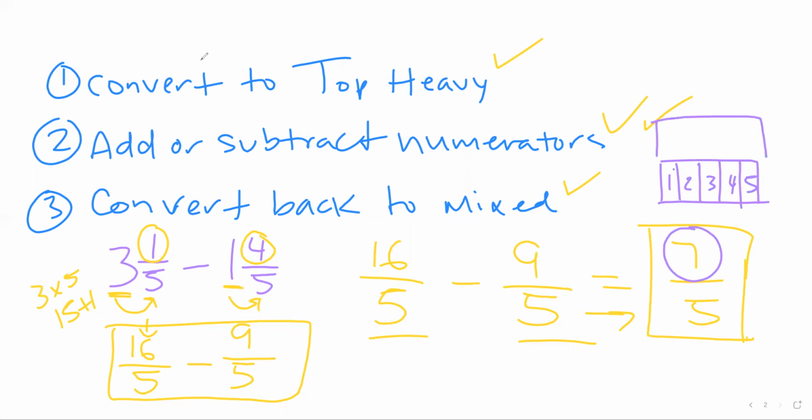That's not enough, so I'm going to make a second model. 6 and 7. And now we see that this is equal to 1 and this is equal to 2 out of 5. So 7/5 is the same thing as 1 and 2/5.